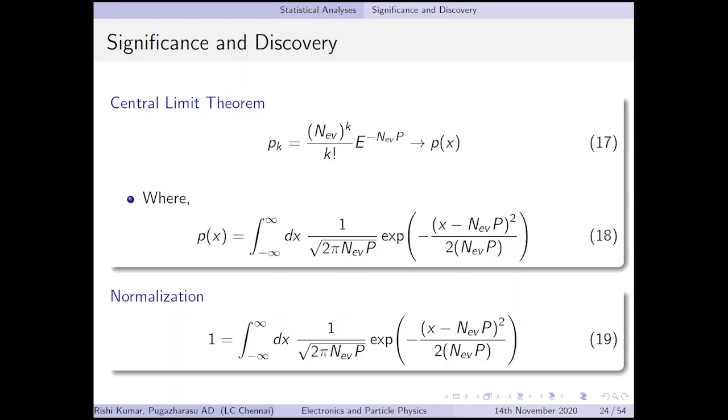The central limit theorem is just this equation right here, which is that (Ne^v)^k by k factorial, e to the power negative Ne^v, essentially tends to p of x, which is our probability, where p of x is this function right here.